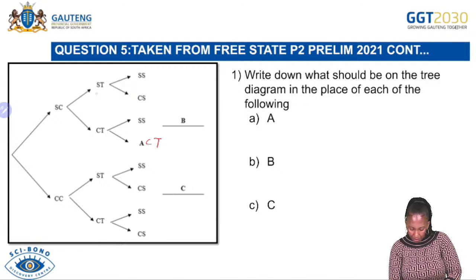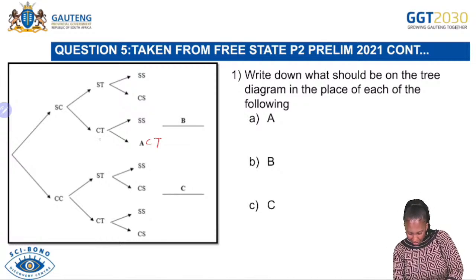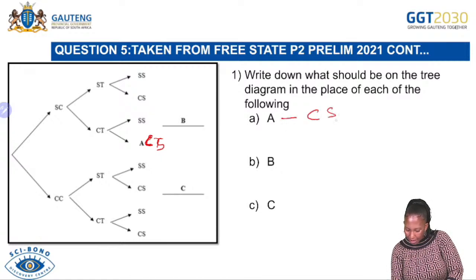We have the cap, the t-shirt, and the scarf: the shark scarf, the cheetah t-shirt, and the cheetah cap here, which is SCS. That is the answer that we are expecting. So our A is CS.